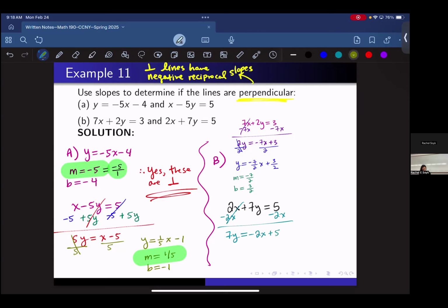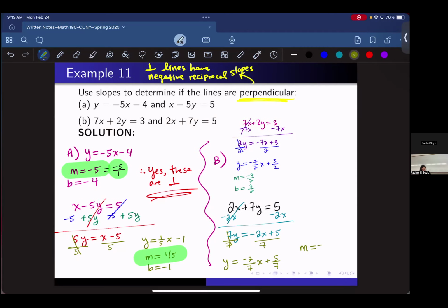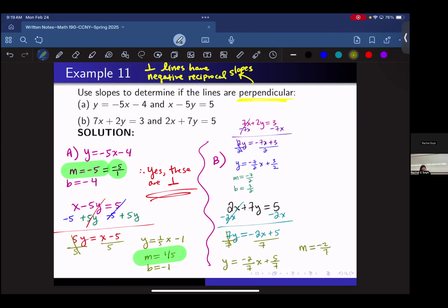And divide both sides by 7. Looking at negative 2 over 7x plus 5 over 7, which tells us that our slope here is negative 2 over 7, and our y-intercept is 5 over 7.